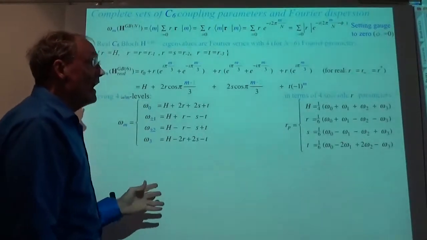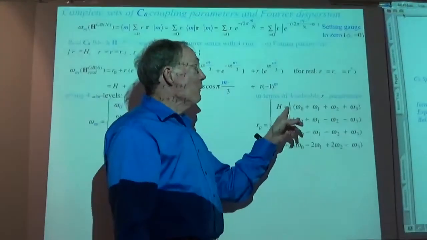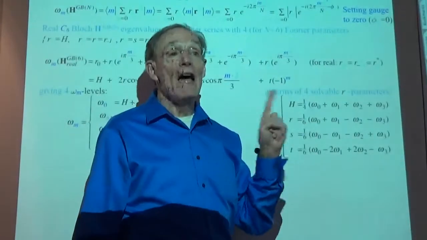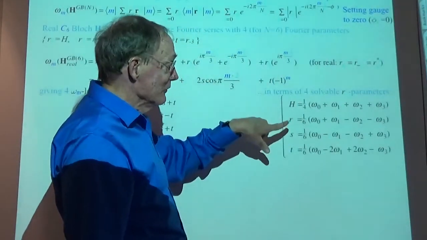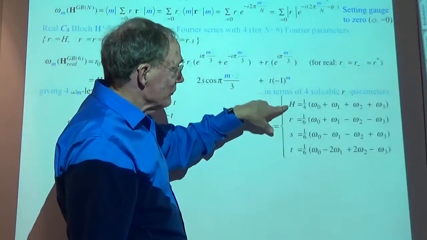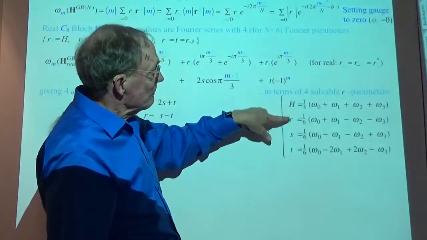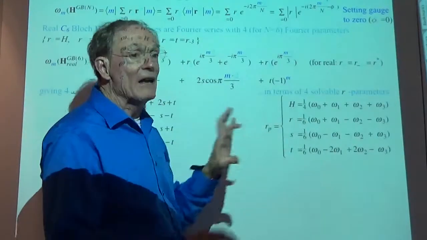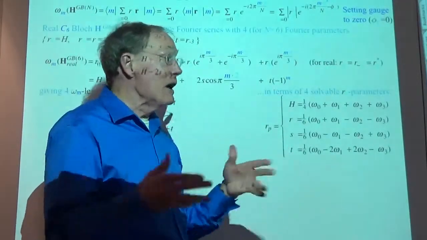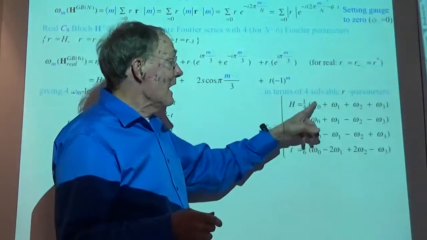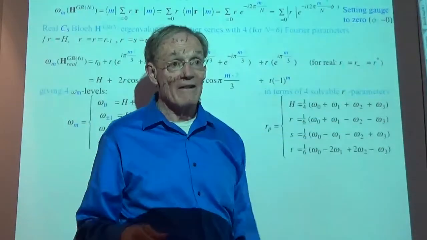In other words, I can decide what energies I want to have and make a designer oscillator, you see, by solving this equation to give me the parameters I need to make that oscillator have eigenvalues wherever I want them to be. I can pick these 4 numbers.